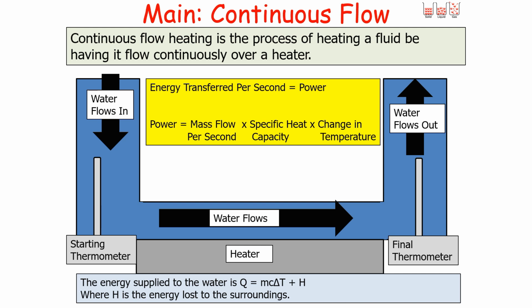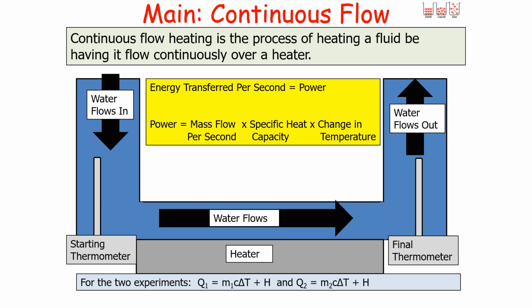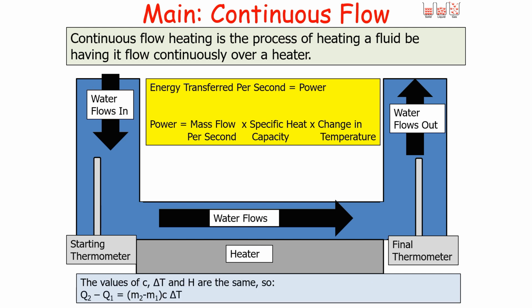In this investigation, you repeat the experiment for the heater on two different power settings, and then alter the mass flow per second to ensure there's the same change in temperature for the fluid. So for the two experiments, Q1 = M1cΔT + H, and Q2 = M2cΔT + H. Because it's the same fluid, c is the same.